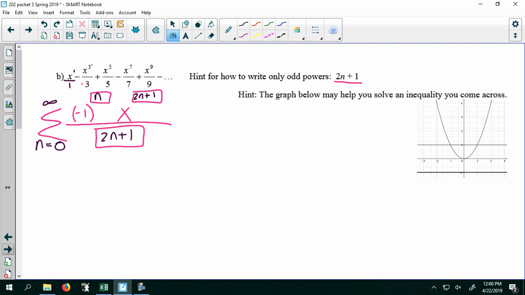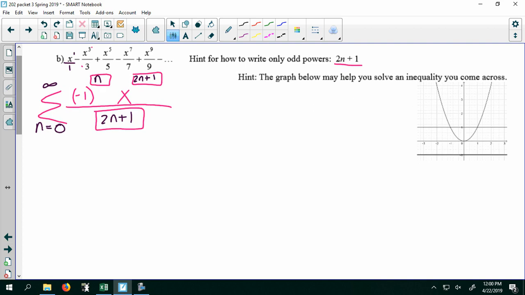Okay, so now I do the ratio test. I want to determine what x values will make this converge. So I take the limit as n goes to infinity of, replace every single n in the closed form formula with an n plus 1.